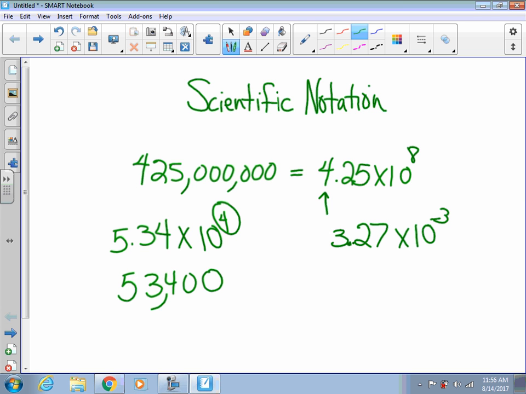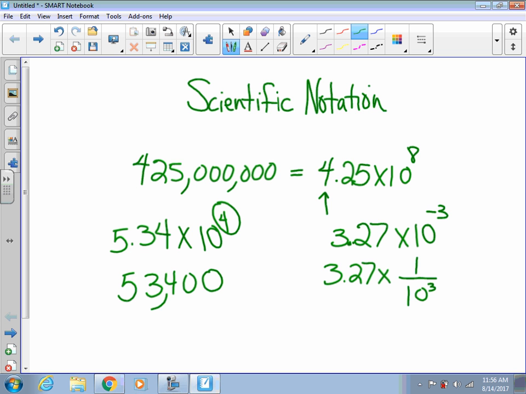If you had a really small number, like 3.27 times 10 to the negative 3, remember when we talked about exponents before, that power of 10 should go in the denominator and become a positive exponent, right? So this is the same as 3.27 times 1 over 10 to the 3rd power, right? We talked about that last week.